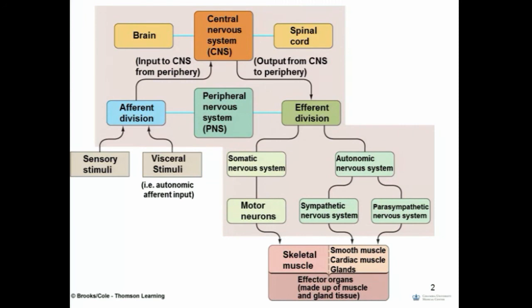Two divisions. We have the sympathetic nervous system and the parasympathetic system. Under most conditions, your visceral function is governed by the parasympathetic nervous system. The parasympathetic system controls baseline function. Sometimes it's called rest and digest.